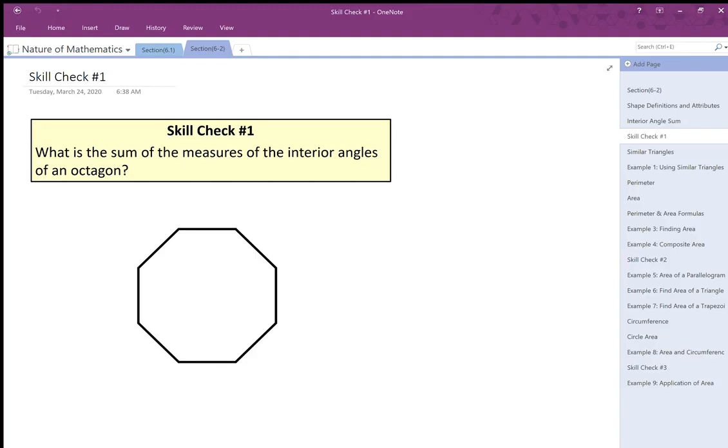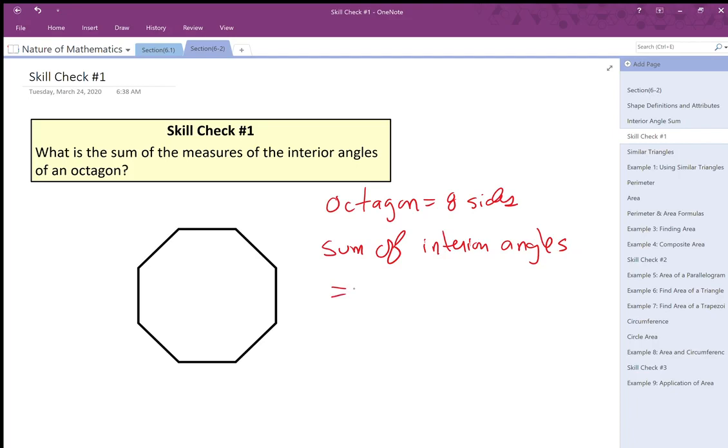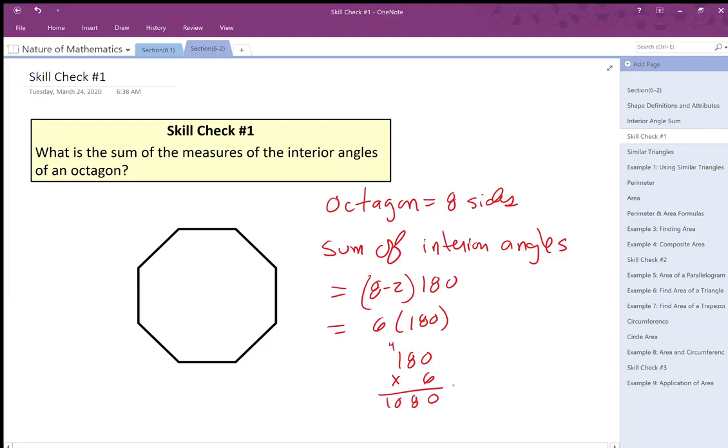Skill check number 1. What is the sum of the measure of the interior angles of an octagon? So an octagon has 8 sides. Sum of interior angles is equal to 8 minus 2 times 180, 6 times 180, 1080 degrees.